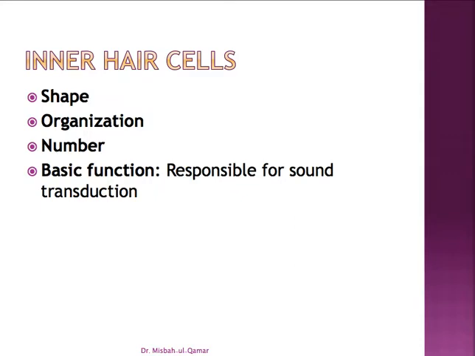Right. The inner hair cells are responsible for sound transduction. It means that they are responsible for transducing the mechanical energy into electrical energy. So basically, these are the primary cells which cause the generation of the action potential in auditory nerve fibers.